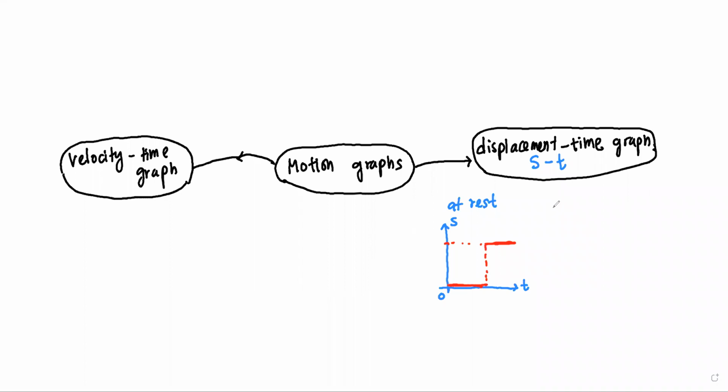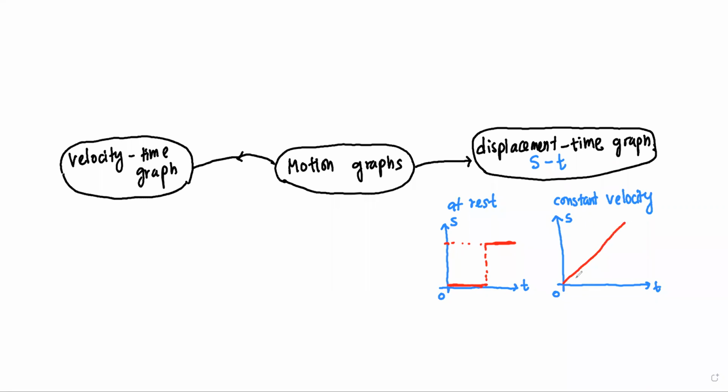Second thing is about constant speed or constant velocity. Right? A constant velocity means displacement is increasing at a constant rate, which means if we are going to move, we increase the displacement, we change the displacement with the time. So that kind of thing we normally draw as this.